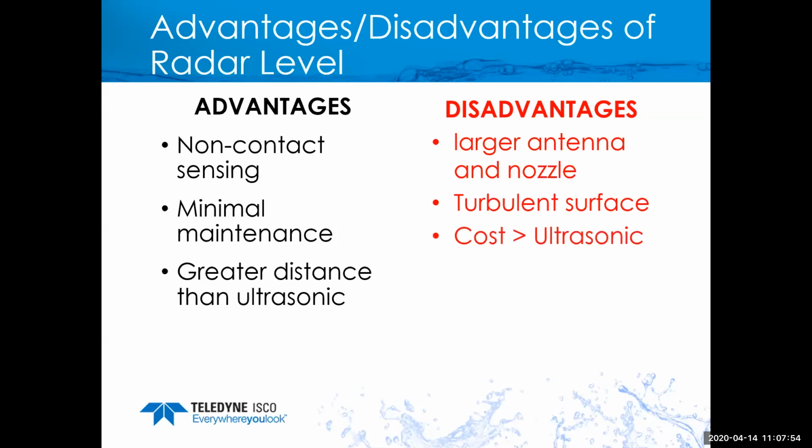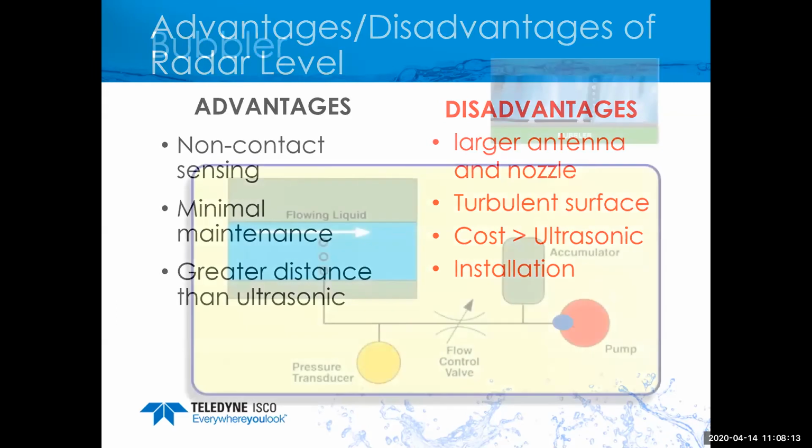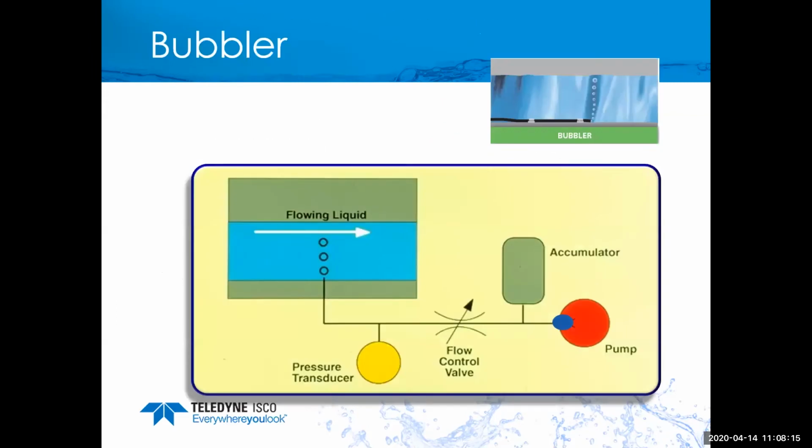And the cost of a radar could be more than an ultrasonic sensor. And in some applications, the installation could be a little more difficult. Say if it's on a bridge, there's a little more logistics on trying to install it than trying to install it over a flume. Now let's move on to the bubbler.